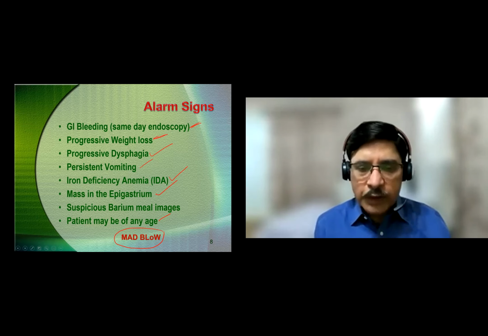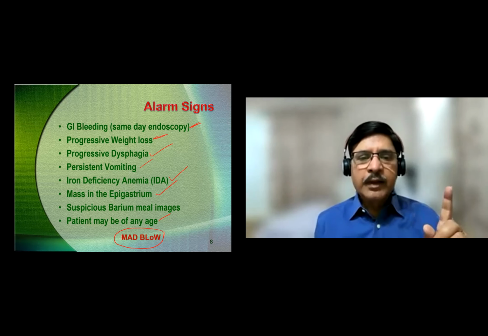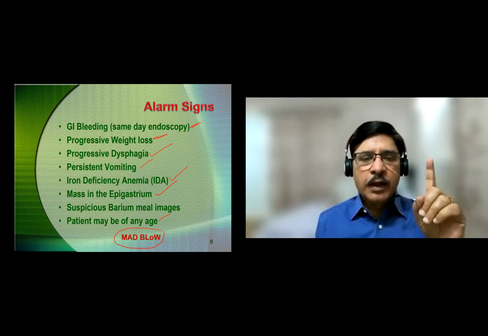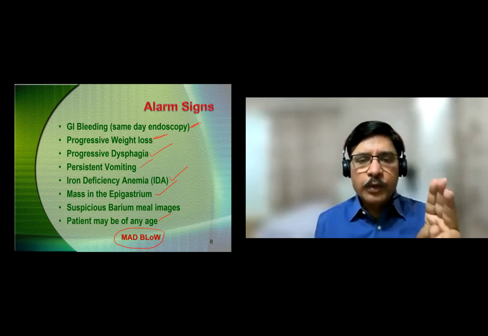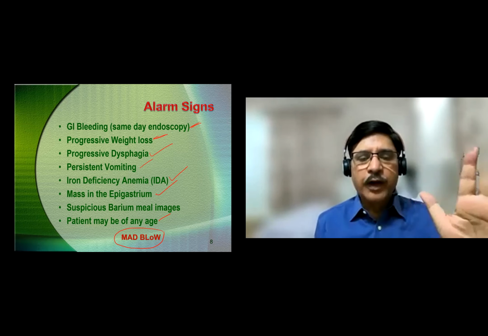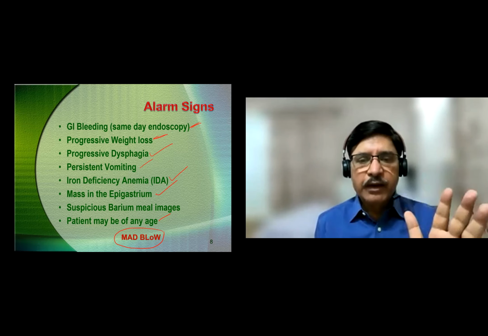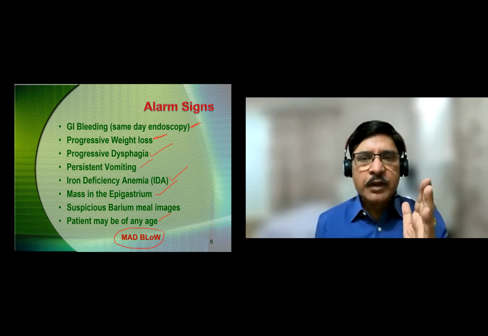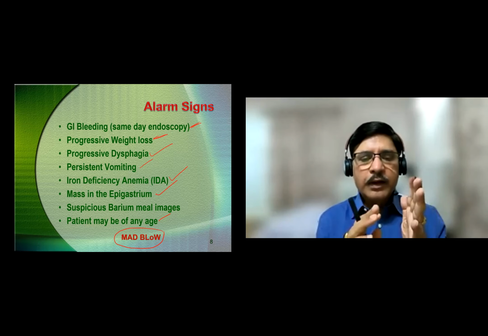So what is dyspepsia? Any upper GI symptoms related to food for more than 4 weeks qualifies as dyspepsia. Then the immediate next question is, are there alarm signs or symptoms? What are they?